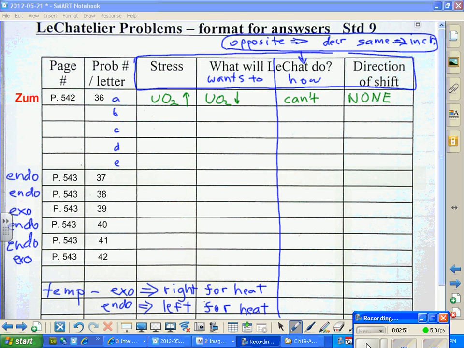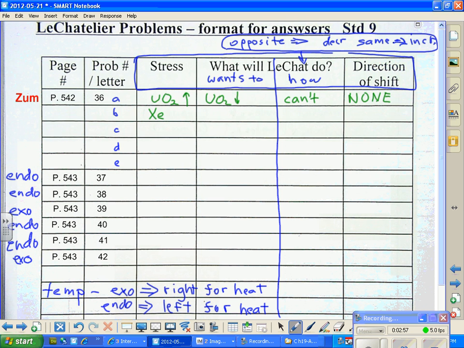Next one, they're going to add Xe, the xenon, as a gas, and xenon is going in, so that increases the amount of Xe, and LeChat would just love to take that stuff out. That's what he wants to do.